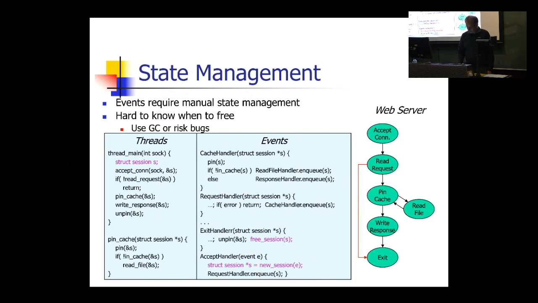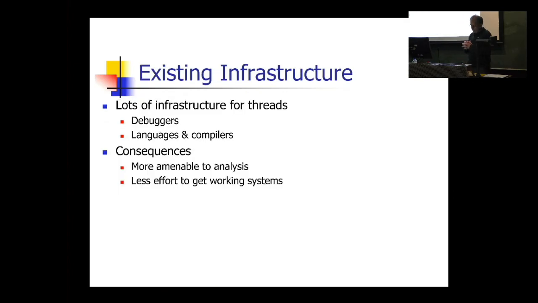Yeah, that's largely what I've already said. So there's lots of existing infrastructure for threads now, as opposed to when that original talk was given of where threads were a bad idea. GDB understands threads. There's lots of languages and compilers that provide more manageable thread abstractions and more help for concurrency management.